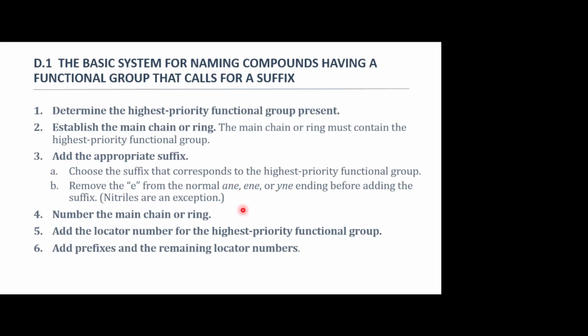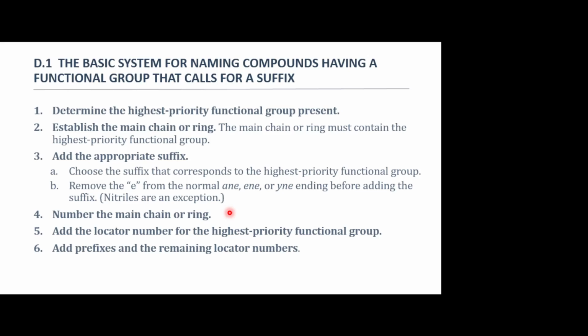Next thing you're going to do after you have your suffix for your functional group and you've decided that's your parent name is you're going to number the main chain or ring that is your parent chain or ring. Again, that's going to be the one with that functional group that you're getting that suffix from. You're going to add the locator number for the highest priority functional group.